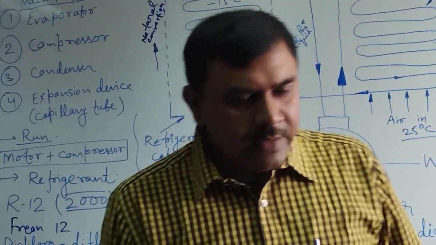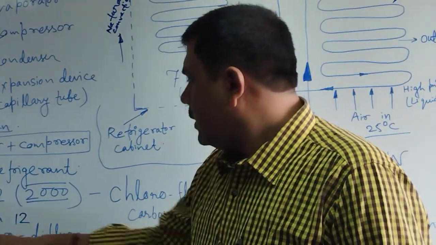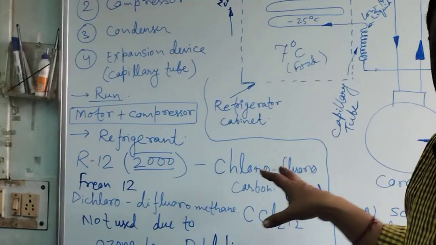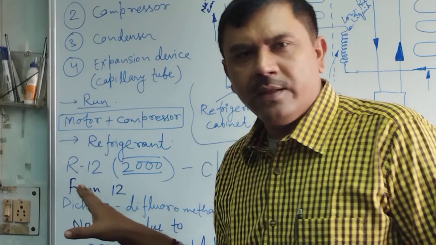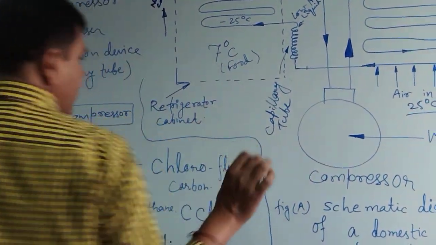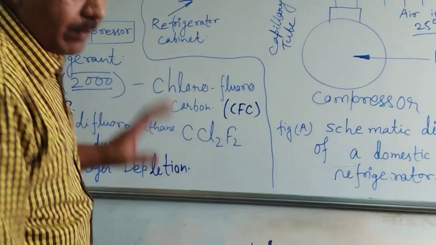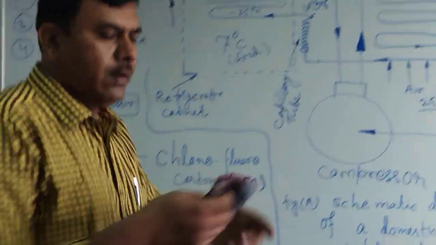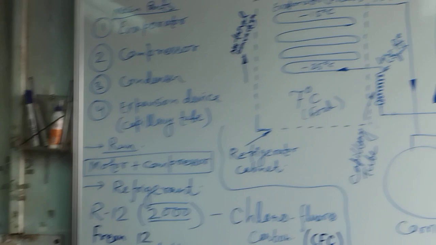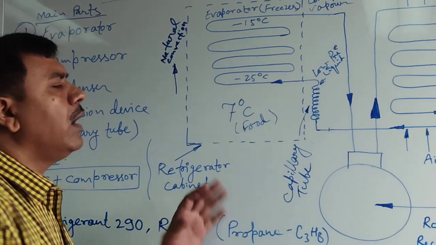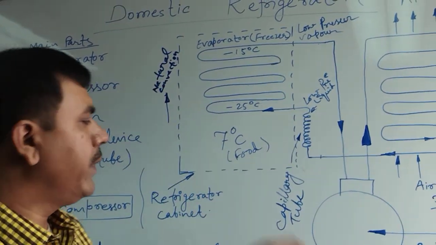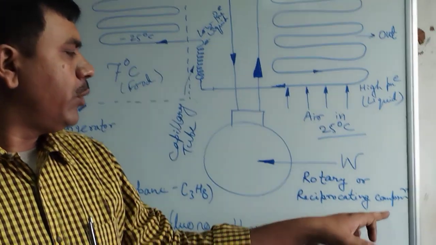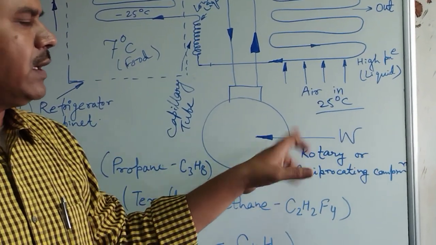Now, over time, Freon 12 is replaced by other refrigerants. In our domestic refrigerator, we use a rotary or reciprocating type compressor.